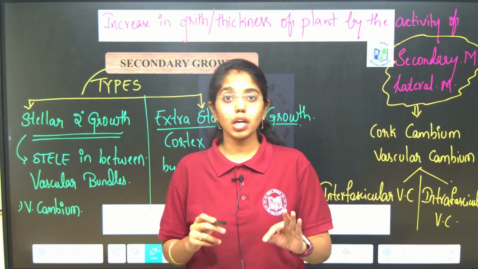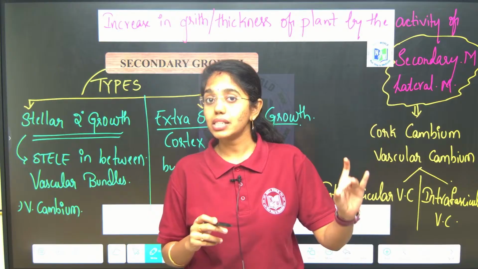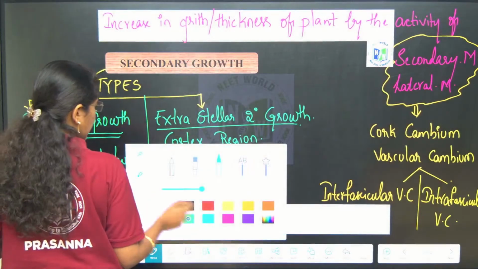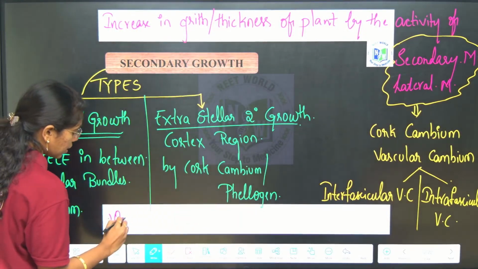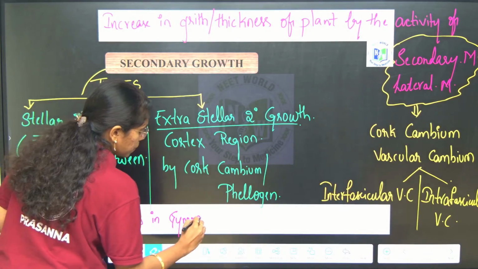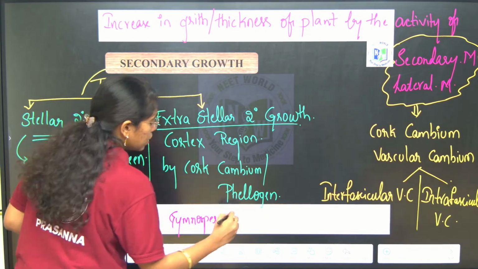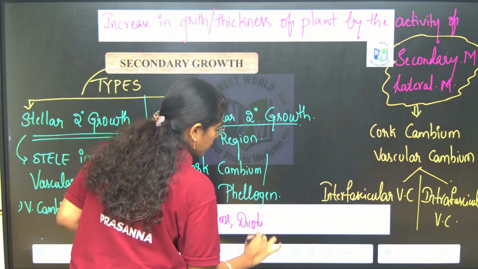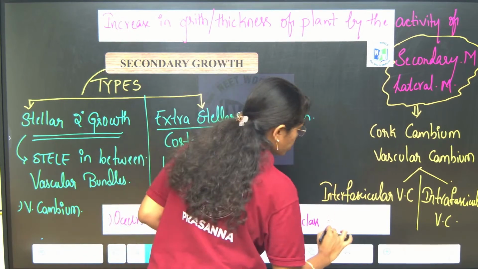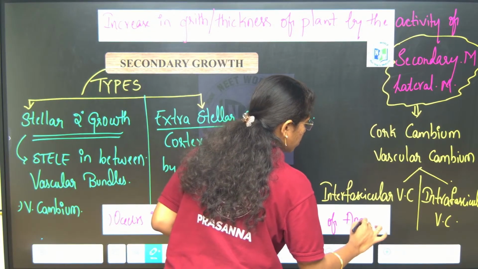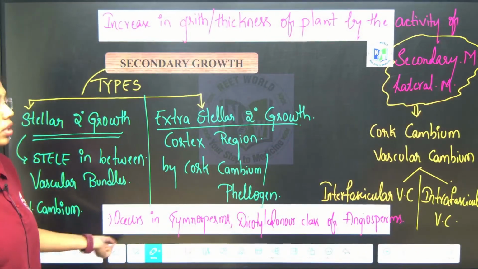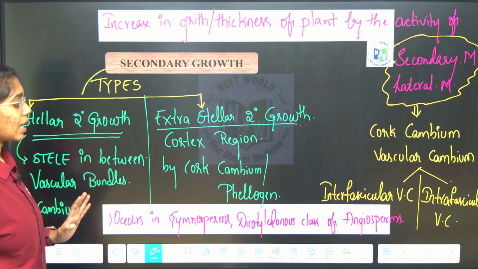Secondary growth occurs in the gymnosperms and in the dicotyledonous class of angiosperms. Remember this statement carefully.